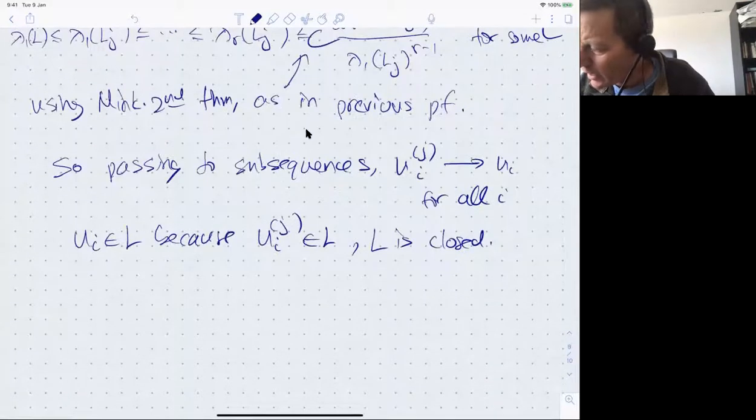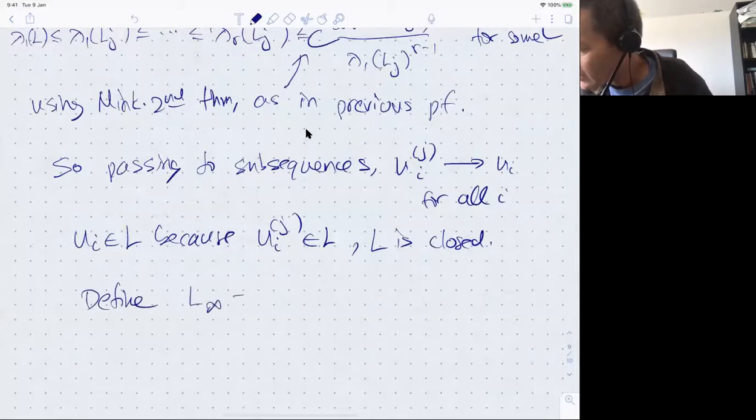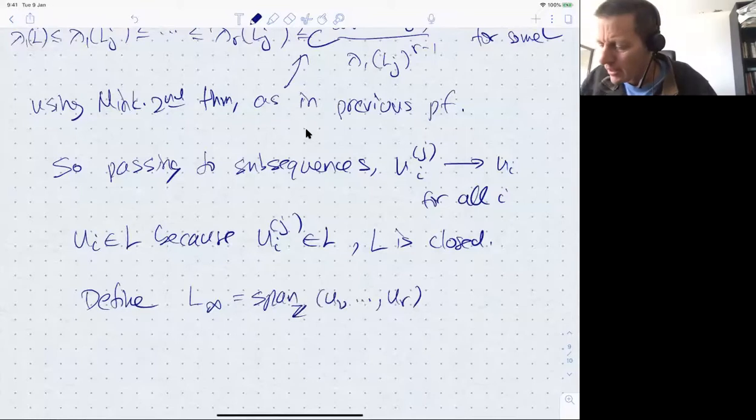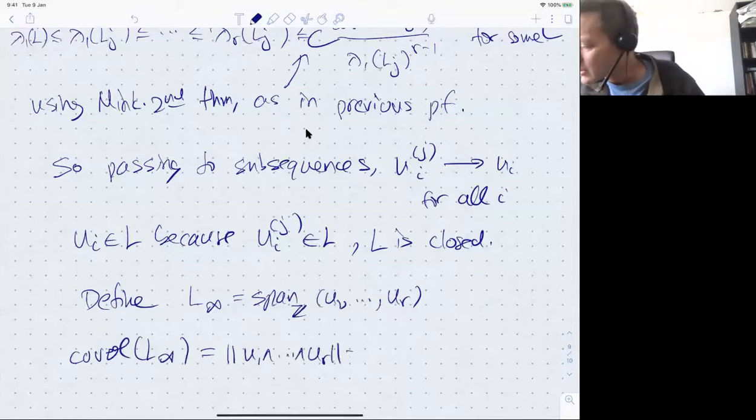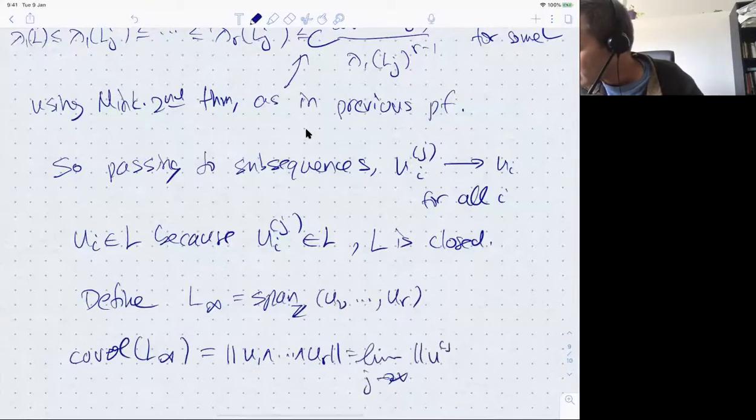We can define L infinity to be the span over Z of u1 up to ur, and then the co-volume of L infinity is the norm of the exterior power of u1 up to ur, which is the limit as j goes to infinity of the norm of the exterior powers.